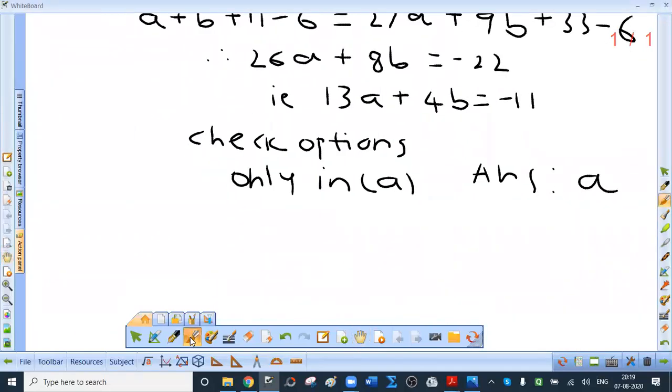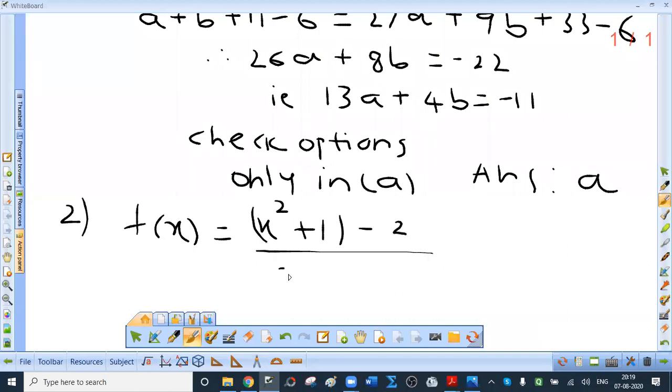Good. Now second, f of x equal to x square minus 1, presumably over x square plus 1. I simplify this function. Otherwise, I will have to use quotient rule. So I write numerator as x square plus 1 minus 2. This is indirect division. So this is 1 minus 2 upon x square plus 1.